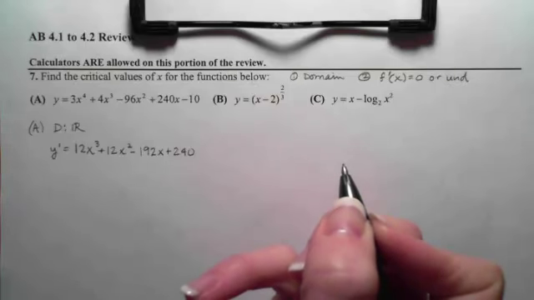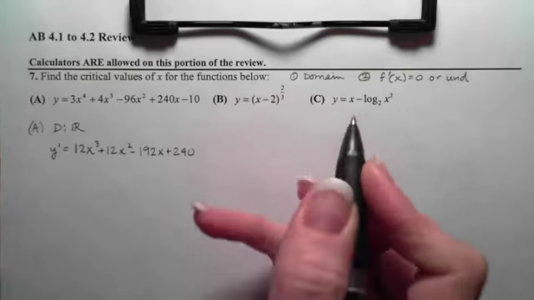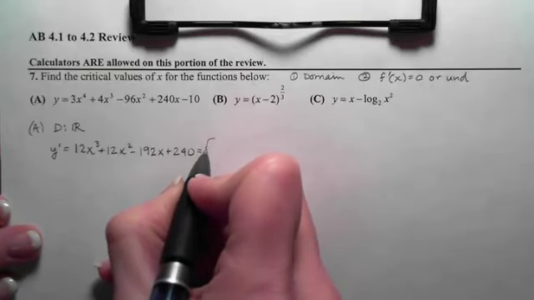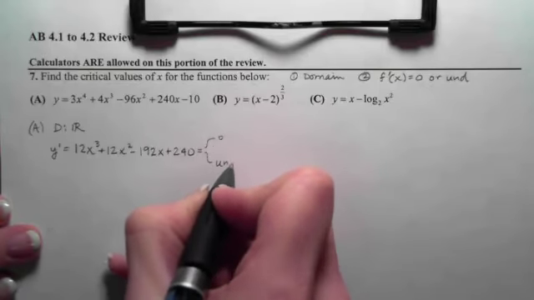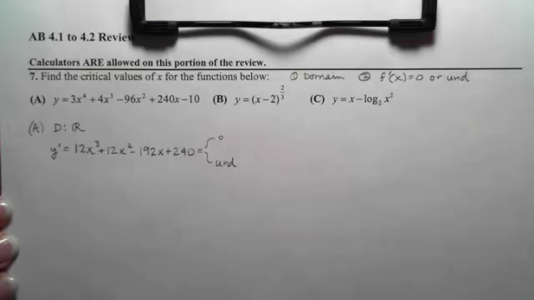I don't really want to factor a cubic by hand, so I can find the zeros by using my calculator, which is why my calculator is allowed.